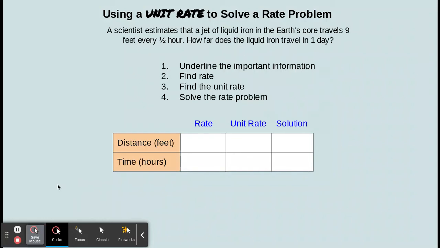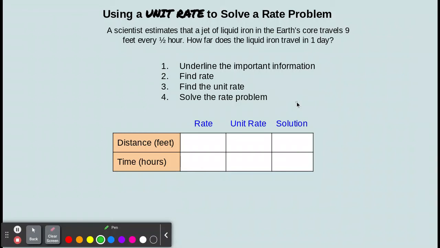Okay, here's our problem. We have a scientist who estimates that a jet of liquid iron in the Earth's core travels 9 feet every 1/2 hour. Now we want to know, how far does the liquid iron travel in 1 day?